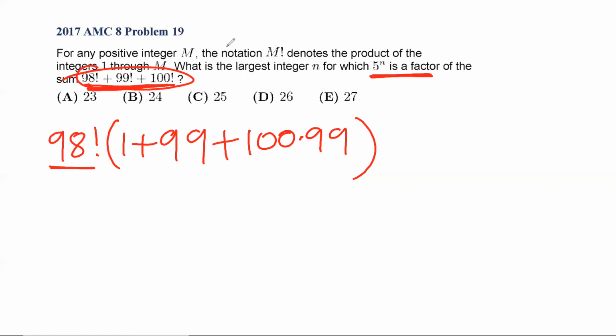You need to find how many 5s are in this and how many 5s are in this. To find the number of 5s in 98 factorial, there's actually a formula you can use.